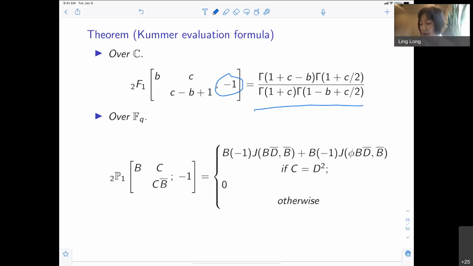I would like to mention that this case now brings another interesting phenomenon. The phenomenon says in the finite field setting, you're doing the same computation, but the situation will be kind of different now. The difference lies in whether C is going to be a square.